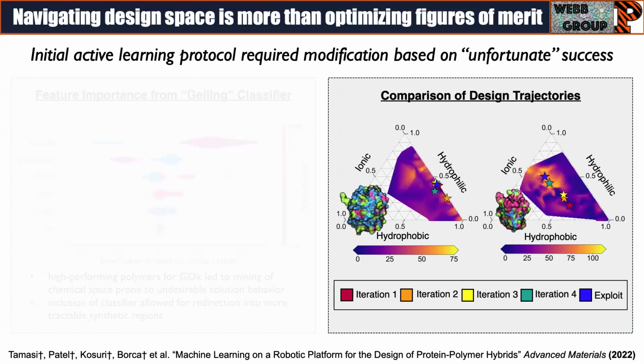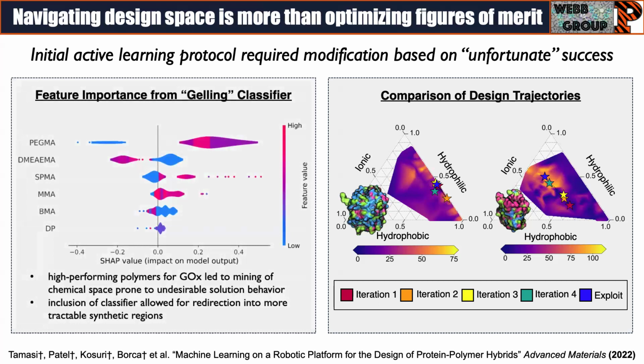So we had to sort of on the fly incorporate a classifier that would dissuade propositions in areas that are likely to engage in this sort of undesirable physical characteristics, just because it makes it more difficult to measure. We don't know what's in there. And so that's what we did, sort of on the fly.